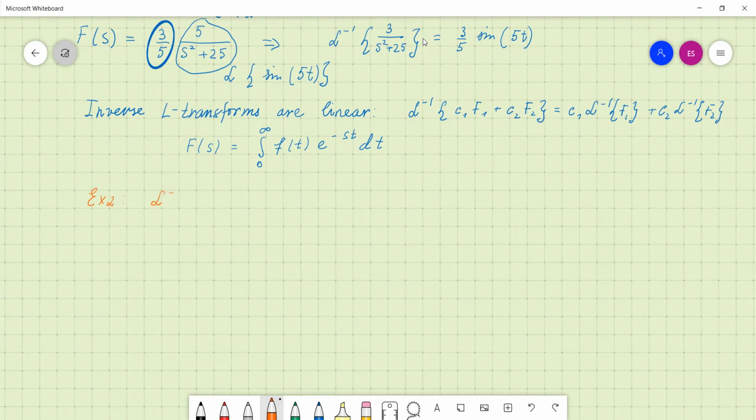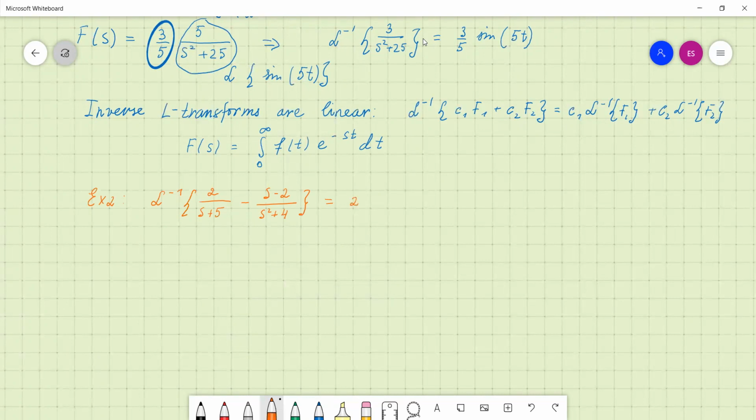Somebody is asking me to find the inverse Laplace transform of 2 over s plus 5 minus s minus 2 over s squared plus 4. First, I'm going to represent it as a linear combination of something for which I do know inverses, because I do know direct transforms. I'll start by taking this 2 outside of the Laplace transform and splitting this fraction into 2 fractions.